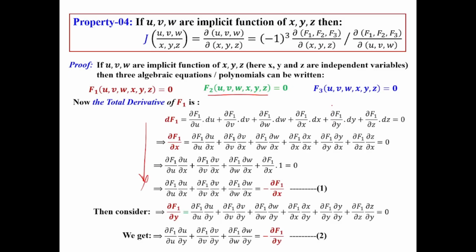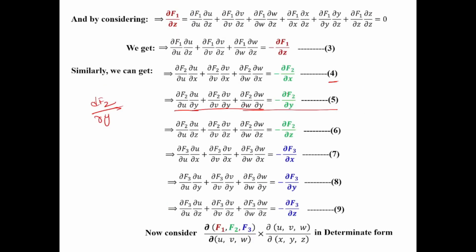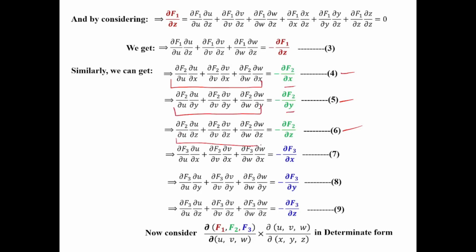The same procedure we have to consider. For f2 equal to 0, we can find these equations, equation number 4, equation number 5, equation number 6. Here this much value will be equal to minus ∂f2/∂x, this much will be equal to minus ∂f2/∂y, and this much will be equal to minus ∂f2/∂z.